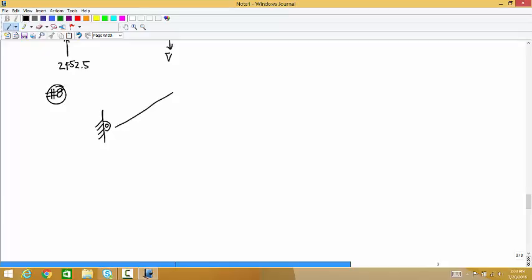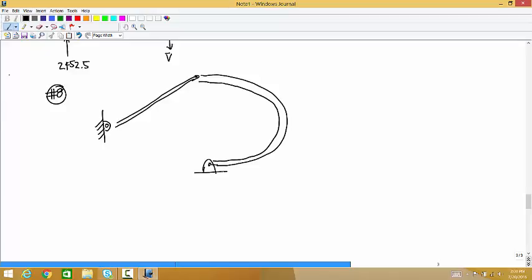You have this diagonal member connected to a semicircular member, and there's a 1,000 Newton force acting at that pin.